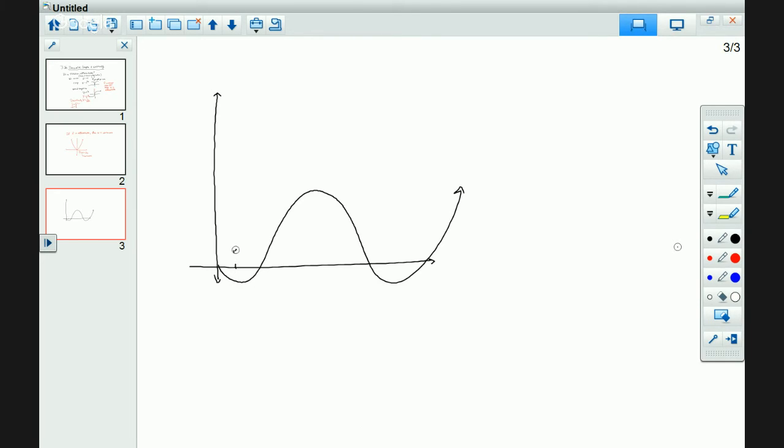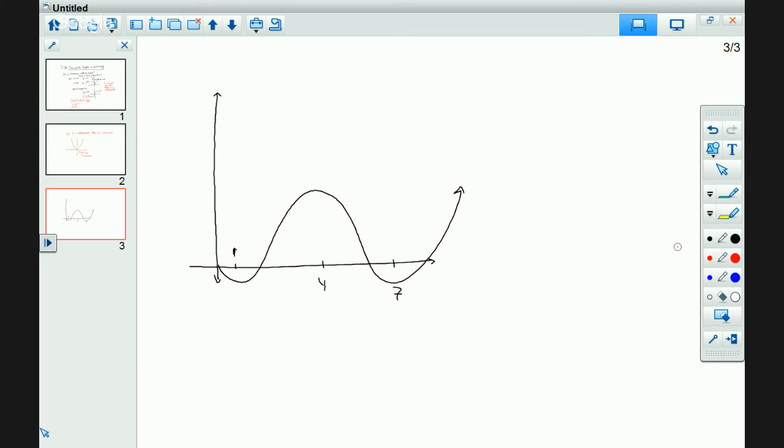Let's say this is at 4 and 7. This could be a sine or cosine function. It would be maybe negative sine x plus 1/2 or something of that nature. But I'm not worried about the function.